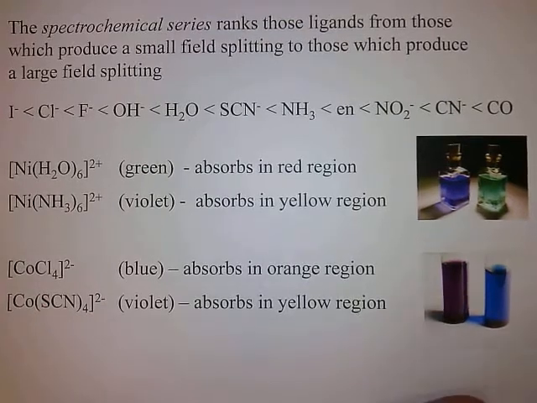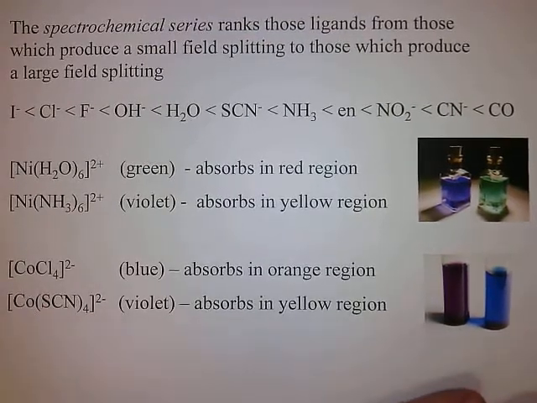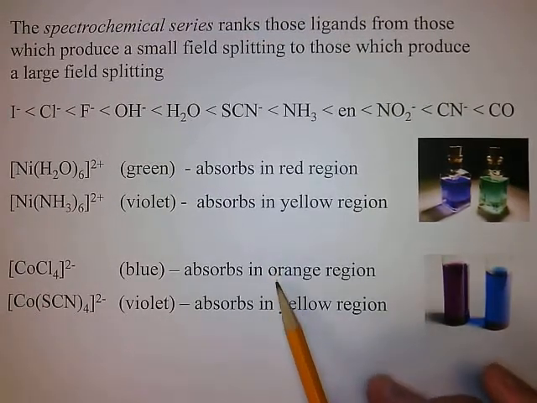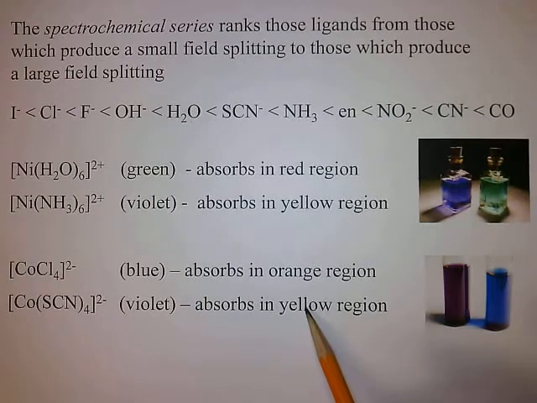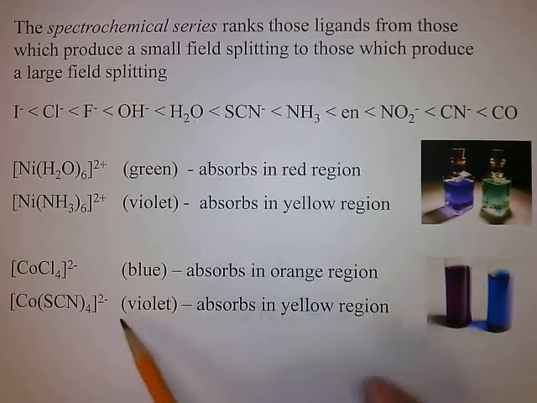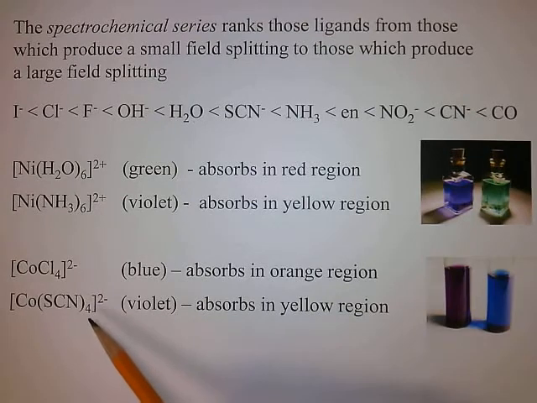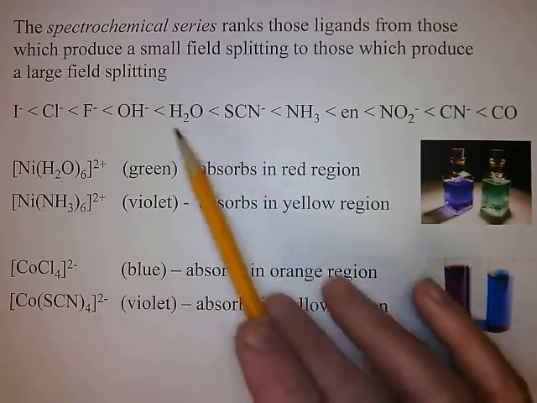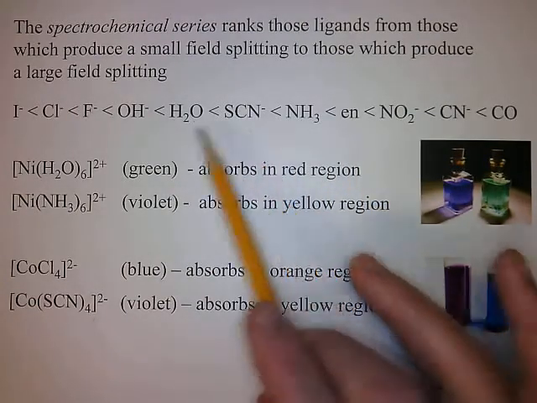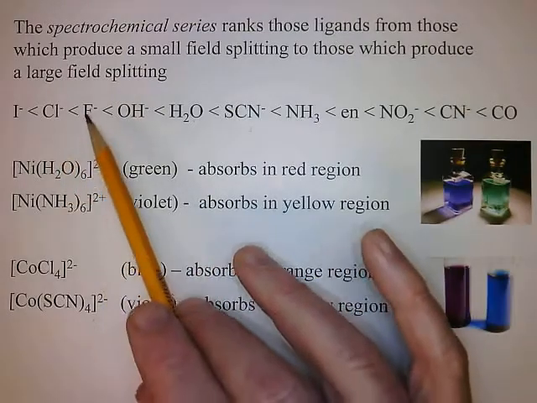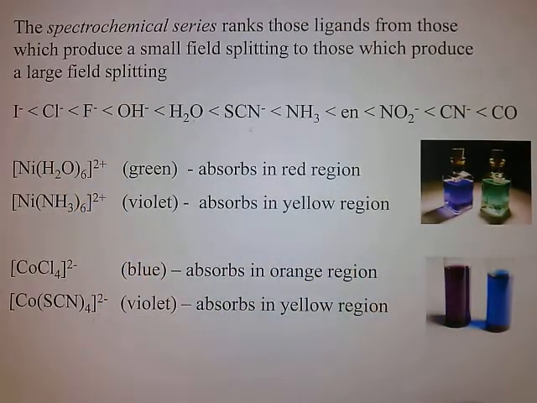So you have to ask yourself, which is higher energy light, orange or yellow? If your spectrum goes red, orange, yellow, green, blue, violet, yellow has a shorter wavelength, therefore higher energy. So higher energy light is being absorbed here than here. And if you look at your spectrochemical series, thiocyanate lies considerably further ahead of chloride.